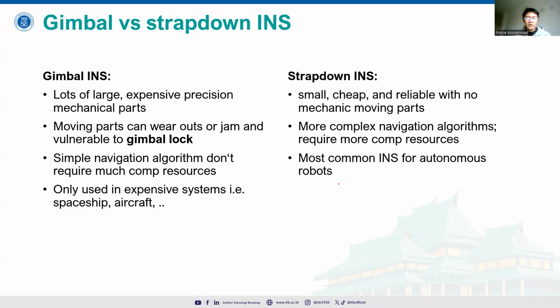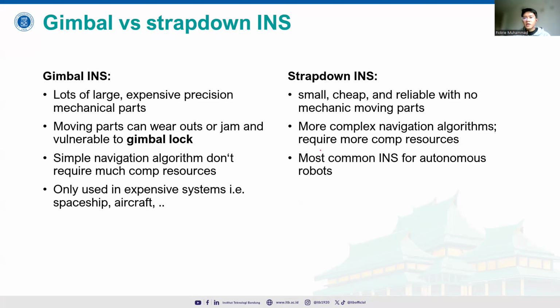And our phone only has a price of about 1% of it, maybe even less. So it doesn't make any sense to put an expensive stable INS platform in it.